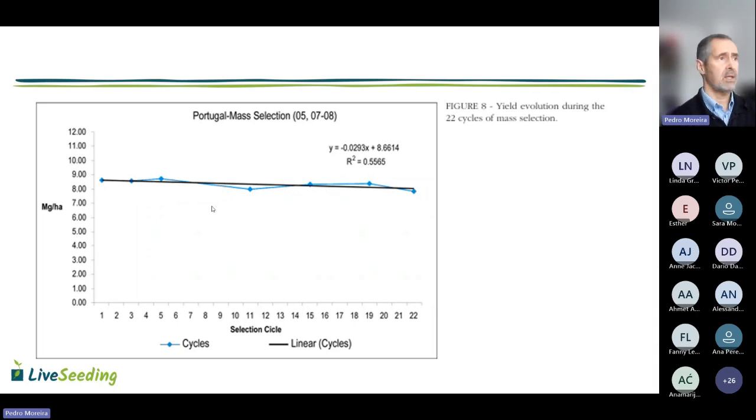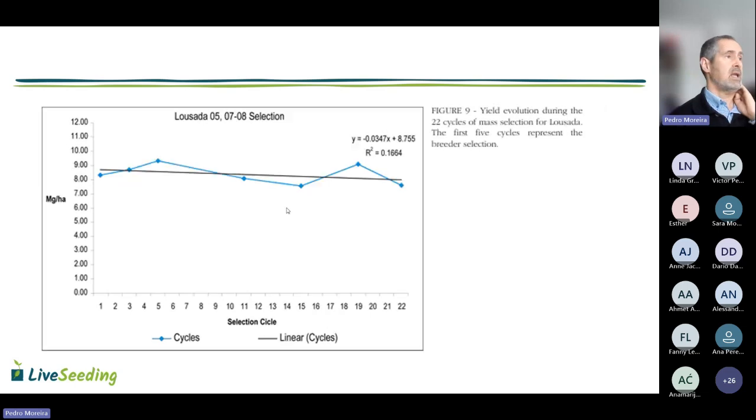In the paper, many other traits were measured, but you can see there's quite a difference, especially when we look at these first cycles. This was for Portugal selection, and in this case for Lousada. That is interesting because Lousada is the place where the selection took place. So this means that there was some adaptation to the place.